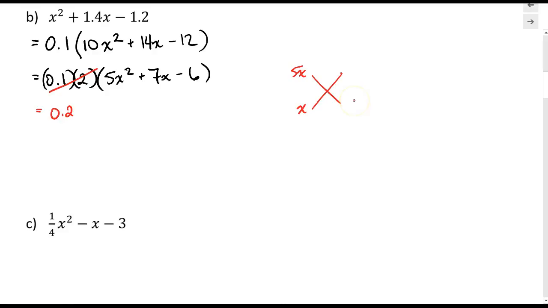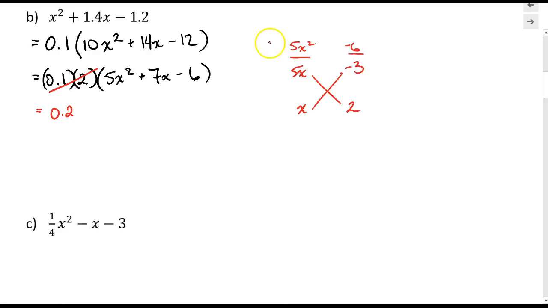So 5 times 2 is 10. 2 times 3 is 6, so I'd be dealing with 3 as my other factor of -6. Well, and we can even record why we've done this on top to keep it straight if we want. These two multiply together, these two multiply together.